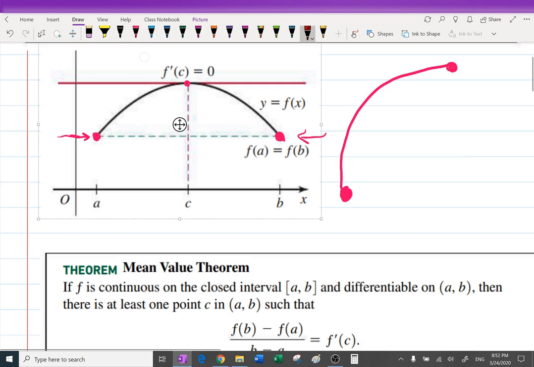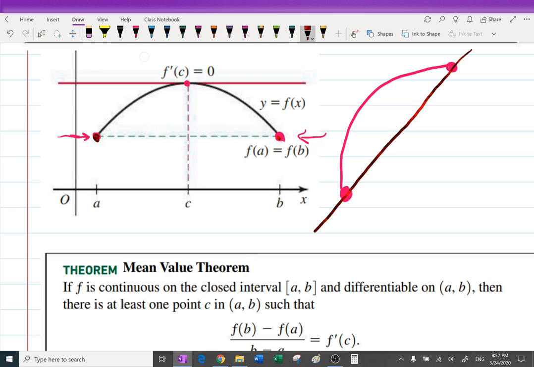Can I say that, just like over here, I'm checking the height of the beginning point and the ending point, I will take this steepness between the beginning point and the end point, can I claim that somewhere in time when I was hiking, I was going up like this, the slope of a tangent line had the same steepness? So it was the same slope as this one over here. And that's exactly what the mean value theorem says.